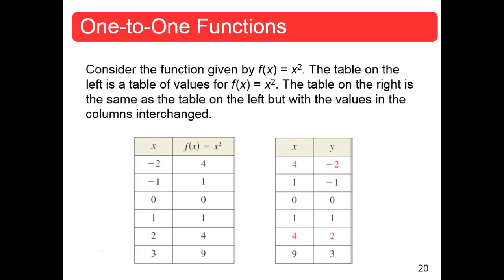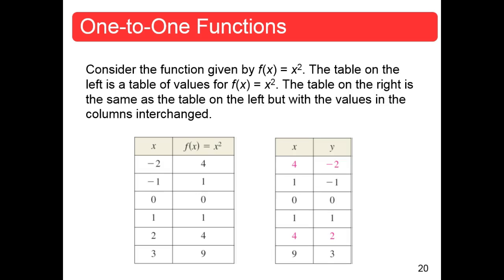Can't happen. But you could have seen that back here. This is one-to-one because that means for any y, you can only have one x. This one failed because these two failed. So this wasn't one-to-one, so you couldn't have done the inverse. Not allowed. So how can we fix that?